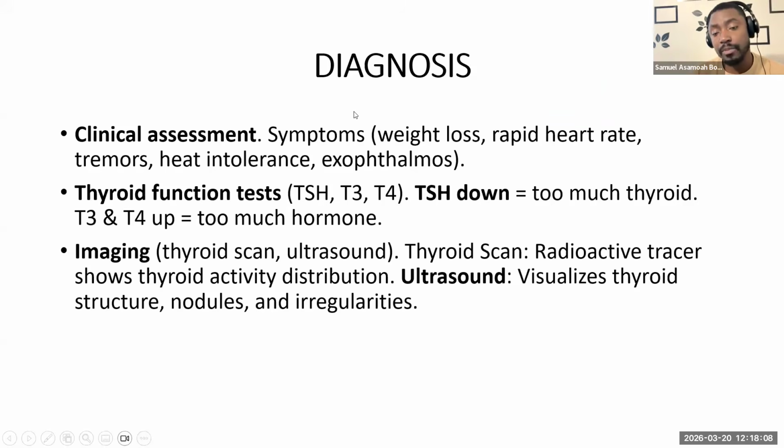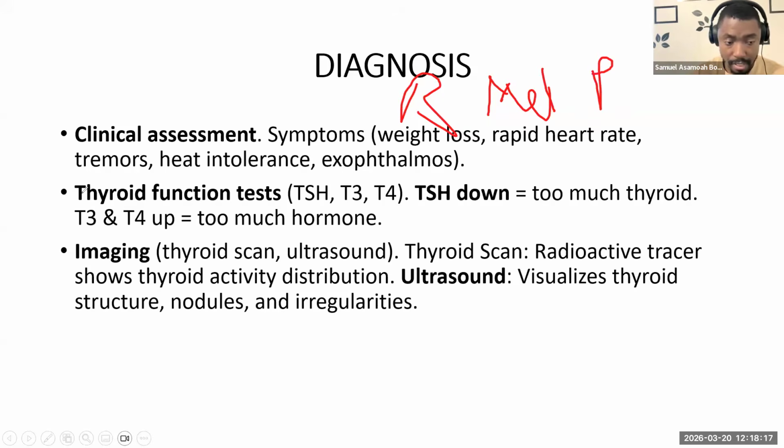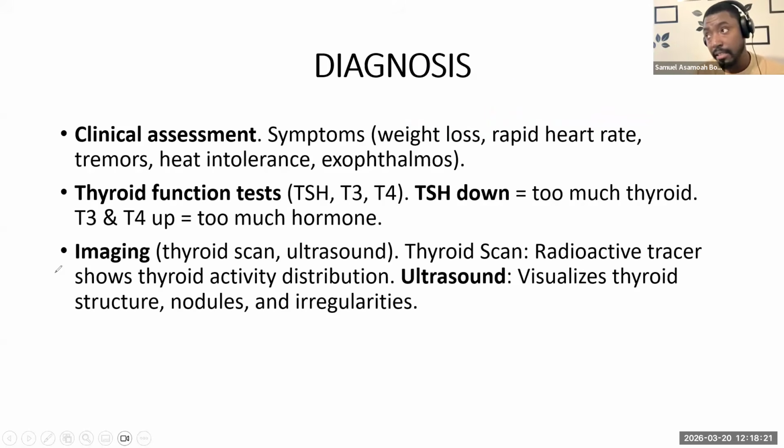It normally comes together with what we call the basic metabolic panel, because it's also mostly electrolytes. But you can order TFT separately too, especially when you have hypertension and you want to rule out a thyroid condition. And then we can use imaging to show the growth, the swellings and other things in it.